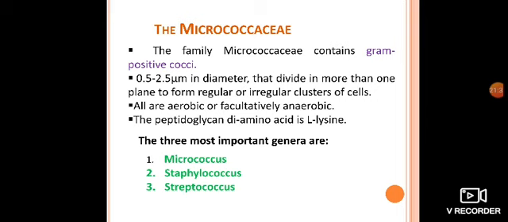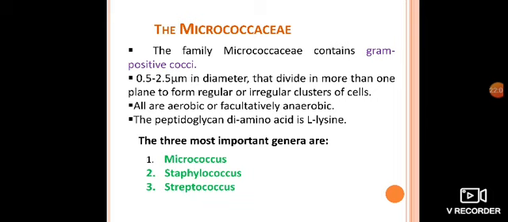Now, the peptidoglycan diamino acid is L-lysine. Why are we concentrating on peptidoglycan? It is a very essential component for the development of the cell wall. On the basis of the cell wall, as we already discussed, gram-positive and gram-negative bacteria are distinguished.